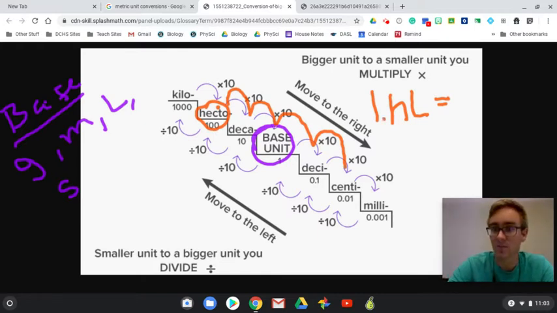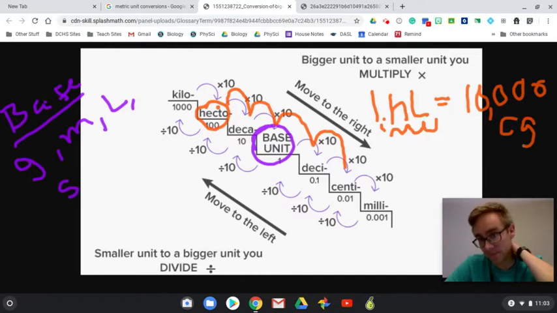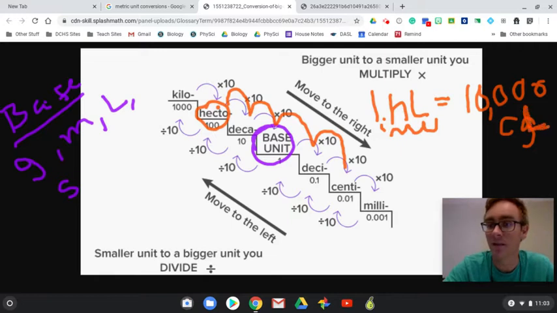So I'm going to move that decimal 4 times to the right. 1, 2, 3, 4. I'd add 4 zeros. It's 10,000. There's 10,000 centiliters in 1 hectoliter.